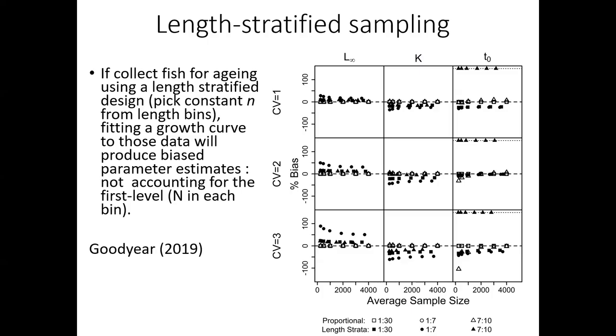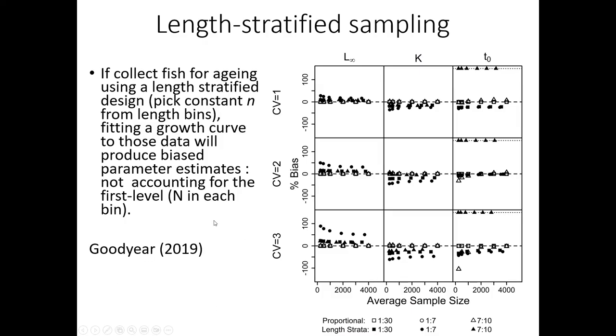The open symbols are when you proportionally sample out of the different trawls that I'm simulating, and the black ones are when you're using a length stratification. You can see in a lot of cases, depending on how many ages you're collecting and whether you're getting them correctly over the whole age span, there can be lots of bias in those parameters.